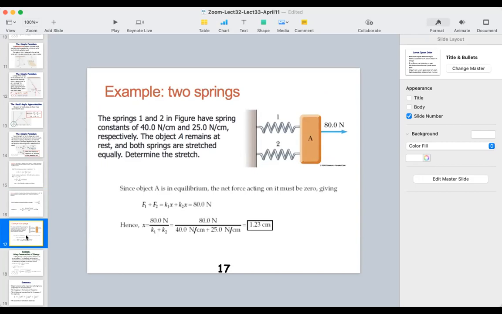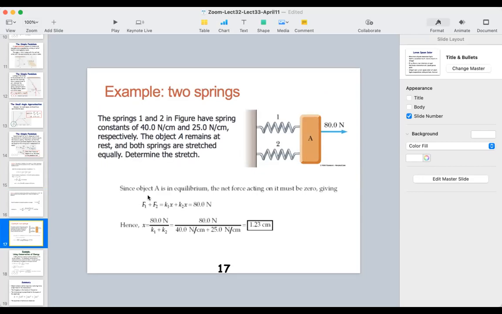So now let's see an additional example. We have here 2 springs. Springs 1 and 2 in the figure have spring constants of 40 Newton per centimeter and 25 Newton per centimeter, respectively. The object A remains at rest and both springs are stretched equally. Determine the stretch.